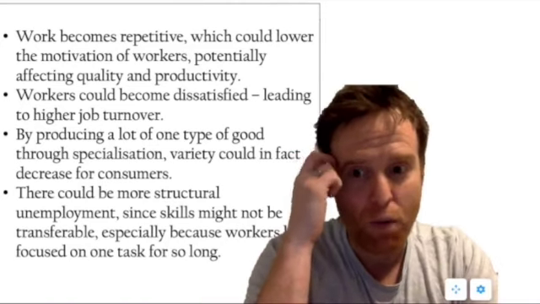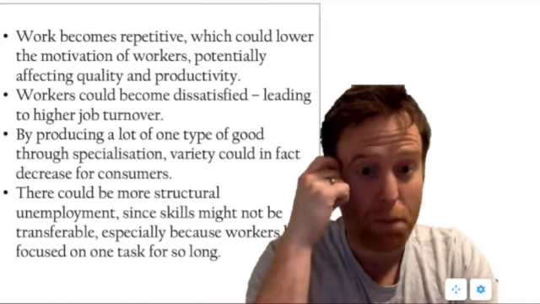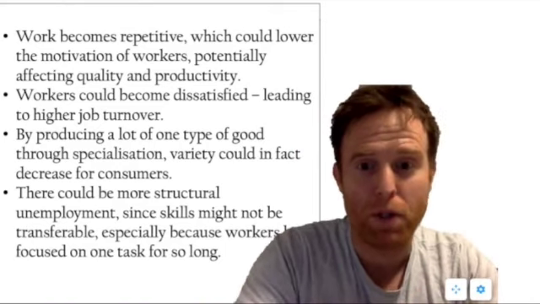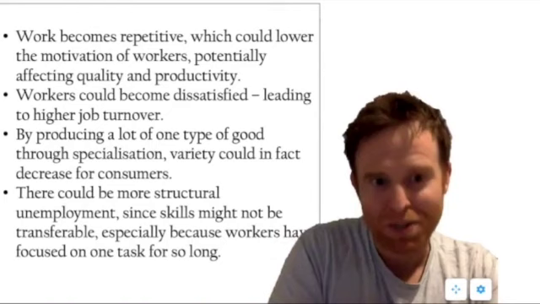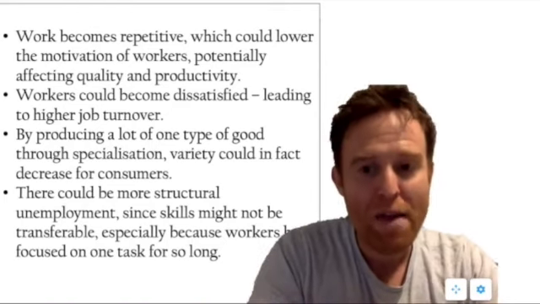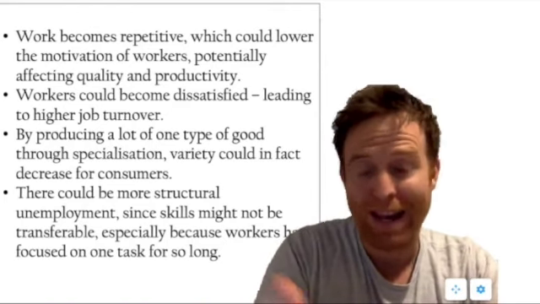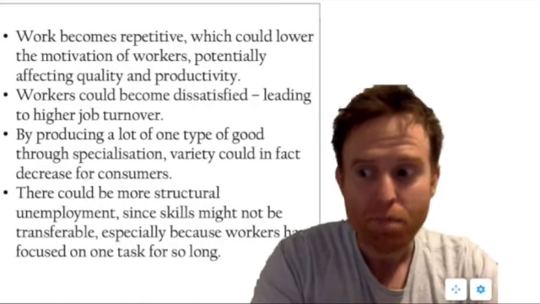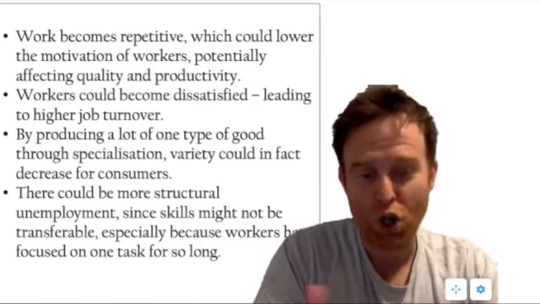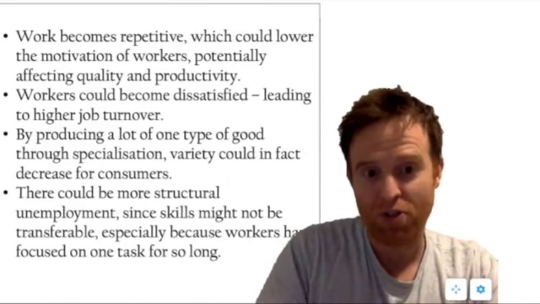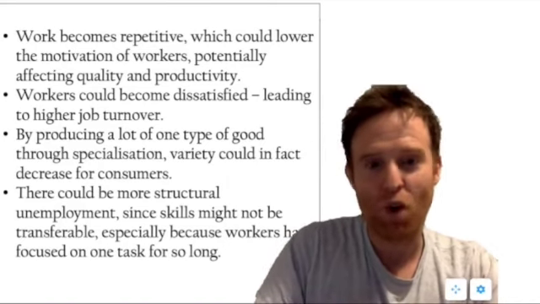And another related factor is the possibility of structural unemployment, because since skills might not be transferable because you've been so specific to a certain job role, if that job role or that industry becomes redundant and is no longer there, then you've got a lot of workers who've now been made redundant, and what can they do?